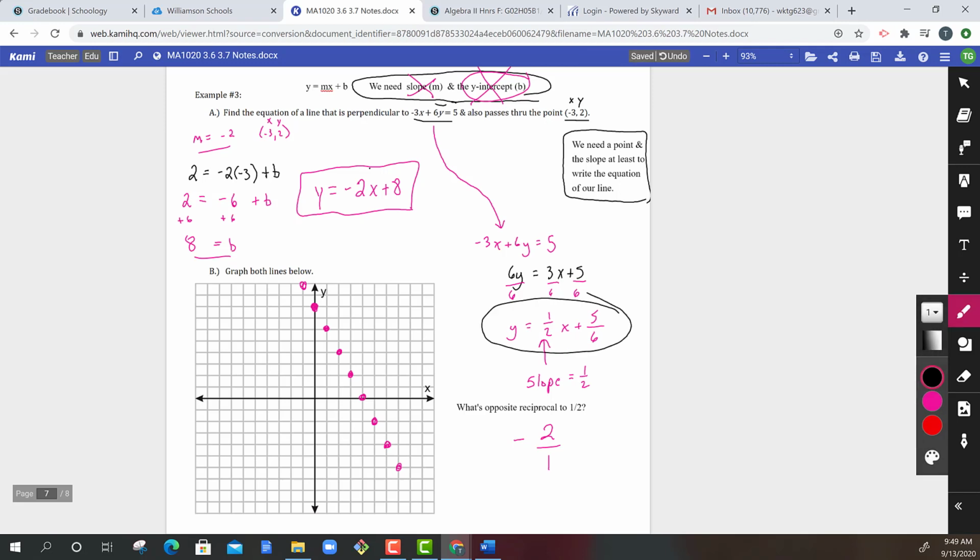It's a little trickier because we're starting at the y-intercept of 5.6, which is almost at 0.1. And then we're going to go up 1, right 2, up 1, right 2.